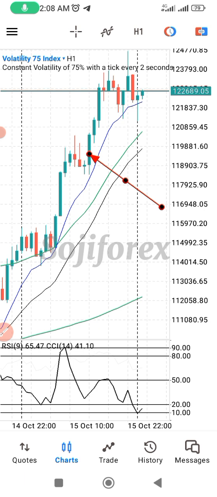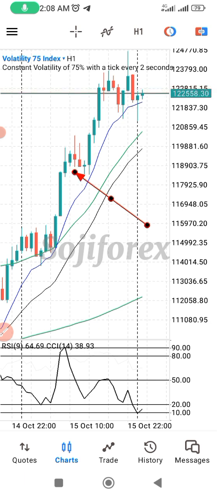Then you will join them to move in the same direction. And we've established that the only medium through which we understand the behavior of these market participants is the candlesticks. So the candlesticks communicate the price action to us.